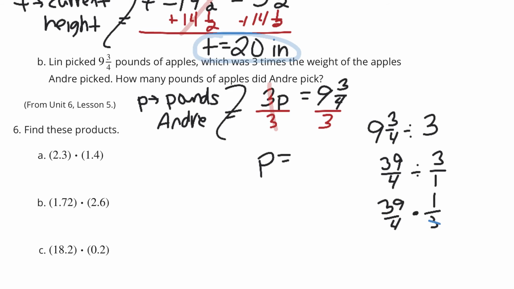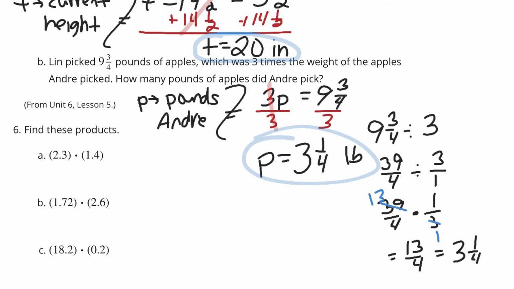There is. Divide by 3 for both of these, you get 1, and then 13. And so, this is going to equal 13/4. And 13/4 is the same thing as 3 1/4. And so, Andre picked 3 1/4 pounds of apples.